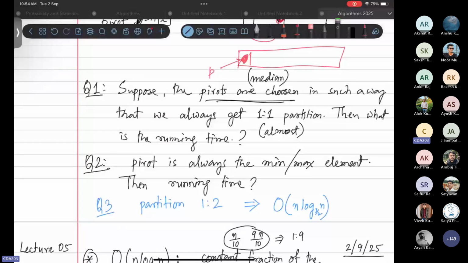Suppose I am always going to pick the minimum element, and the minimum element is always appearing in the first place. What is that input? That input is basically a sorted array.